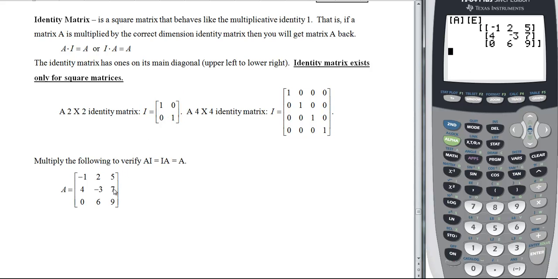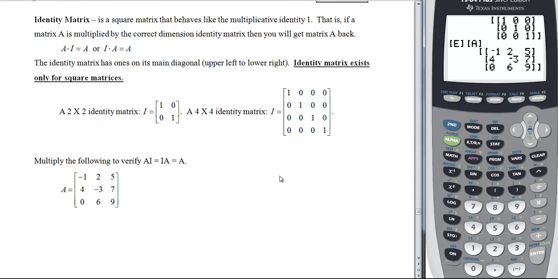And if you'll notice, there is my A. Actually, you didn't see the E, so let me get E so I can show you I put in a 3 by 3 identity. So now let's do the identity times matrix A. And if you actually do the multiplication, you'll find that when you multiply here, it only multiplies the specific value that you need for that particular space.